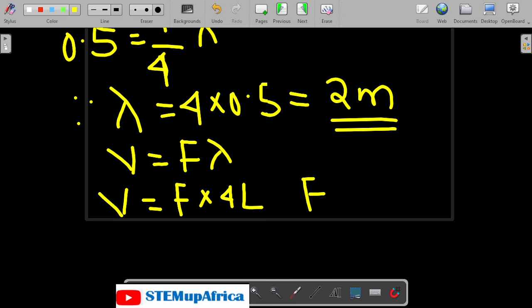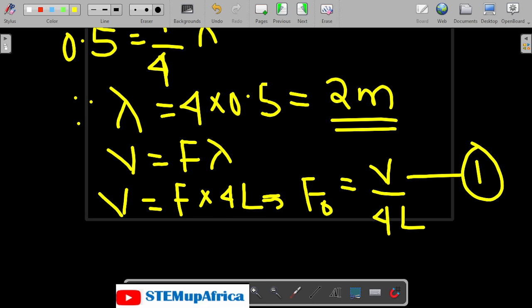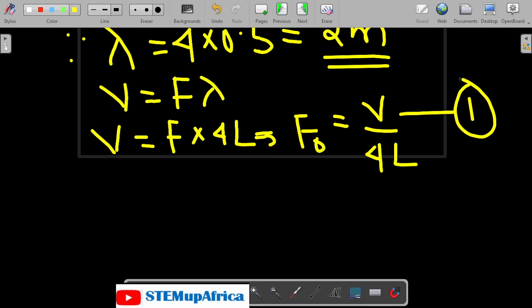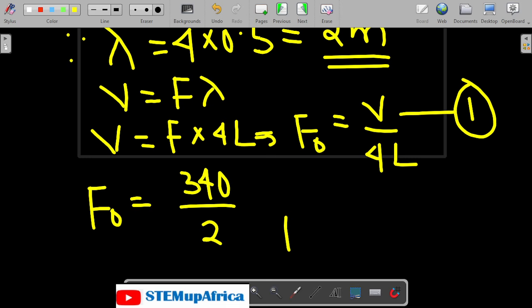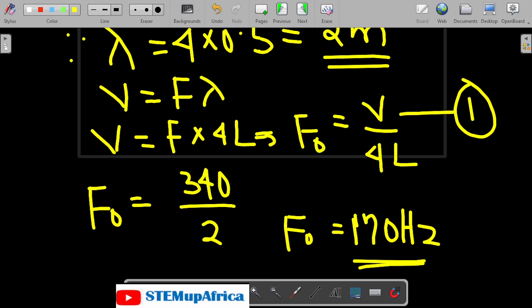So my F implies: F0, which is the fundamental, is V/4L. Please take notes, V/4L. So I'm going to have my F0, which is the fundamental, is 340/(4 × 0.5), which is 340/2. That is now 170 hertz. This is the fundamental frequency.